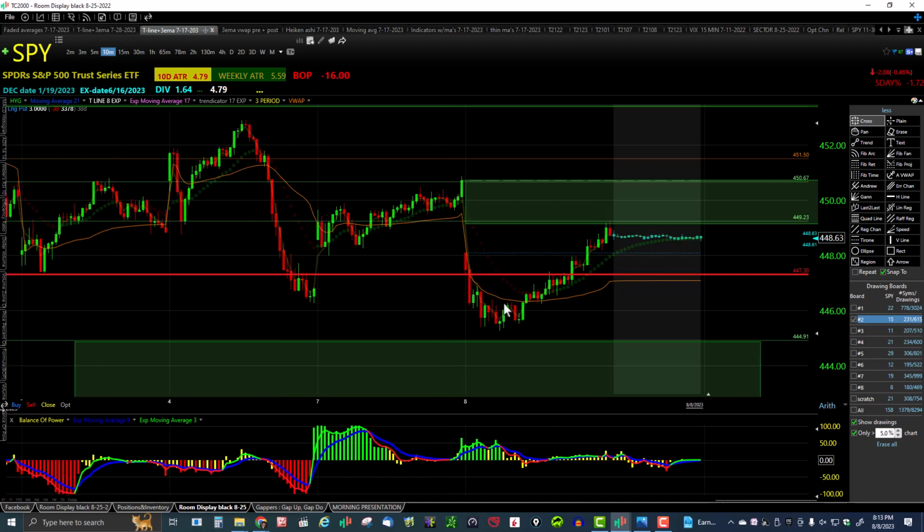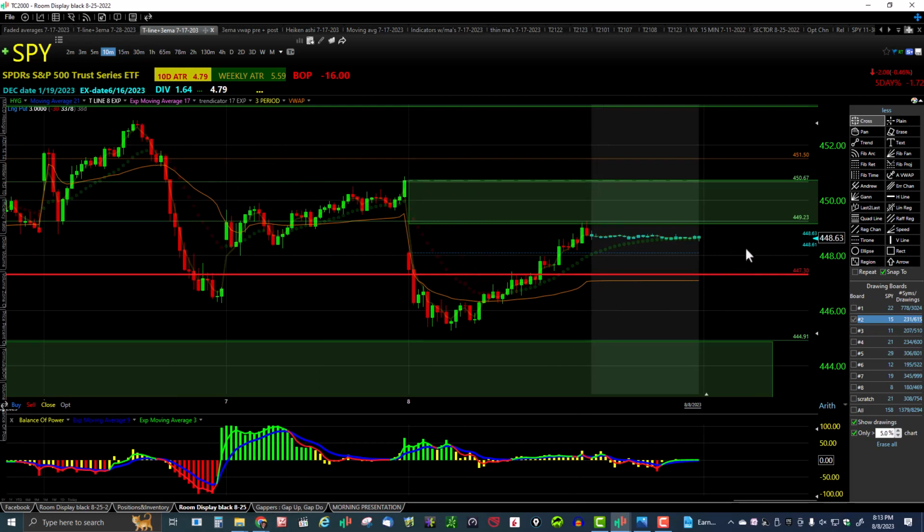So that's my favorite setup, the 10-minute cross over VWAP, and I like to play those trends bullishly, and the 10-minute cross that happens under VWAP, I like to play those bearishly. So that's my favorite setup there.